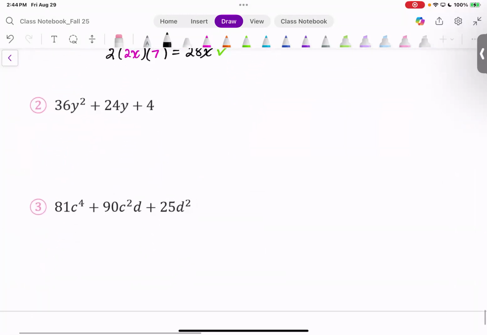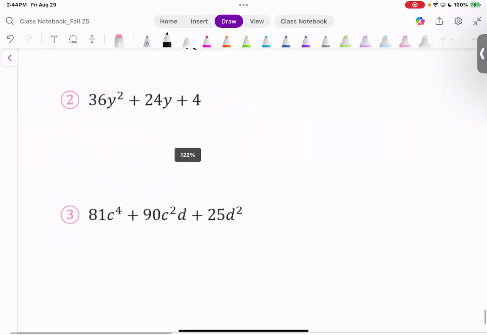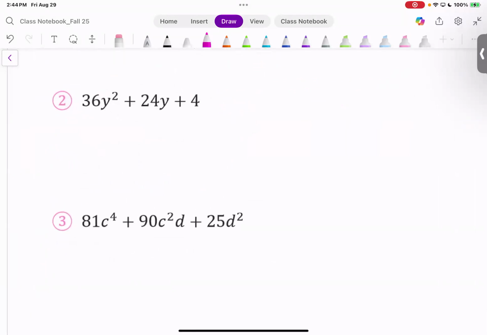So here, I notice that 36 is a square number. And I notice that 4 is a square number. That would tell me that A is 6y and B equals 2.